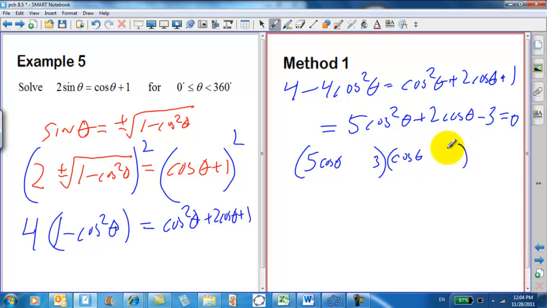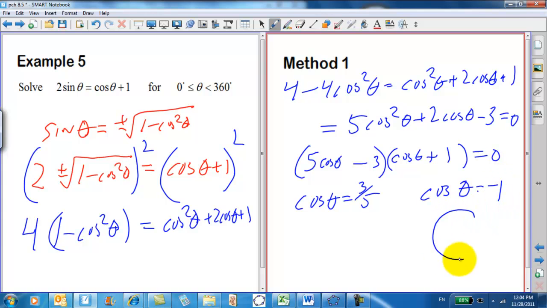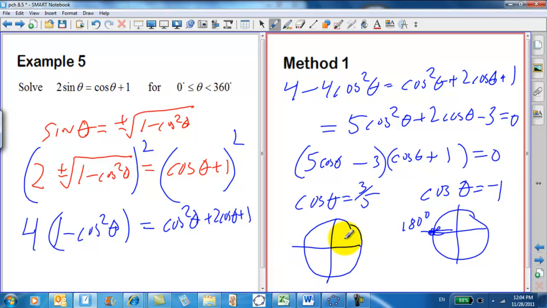And yeah, let's go 3 and 1, and we want to make it a plus 5 cosine and minus 3. So we get cosine theta equals 3/5, or cosine theta equals -1. Now this one we can do with the unit circle. When does the cosine equal -1? When do you get an x of -1? Back here at 180 degrees. So here's one of our answers. This answer we'll have to calculate. 3/5 is about 0.6. We get this answer.